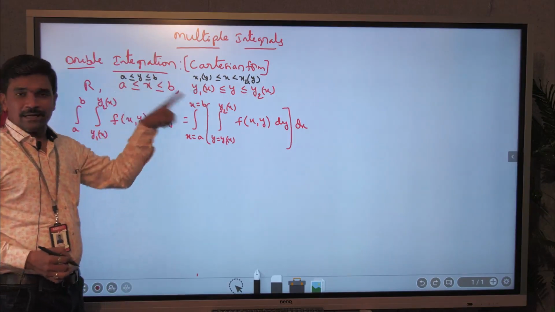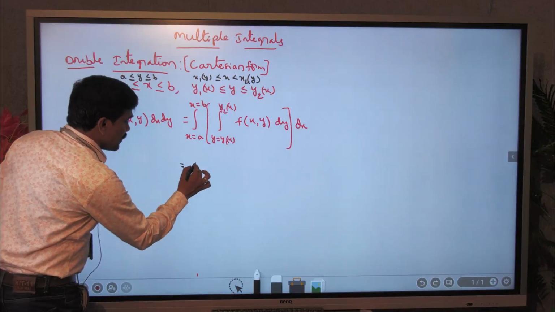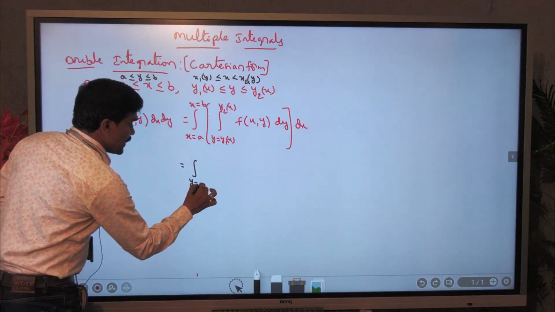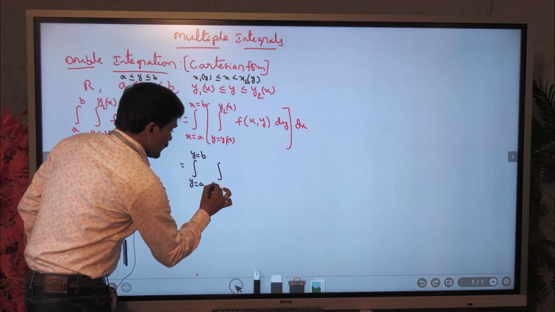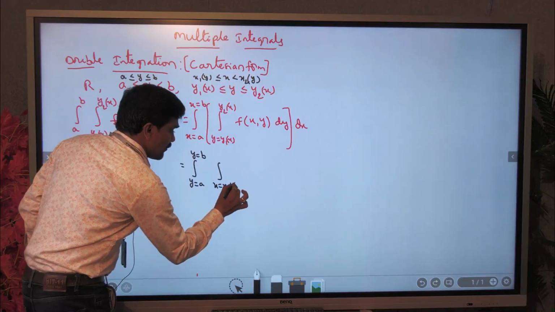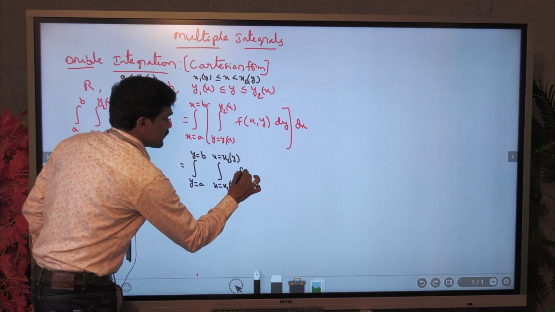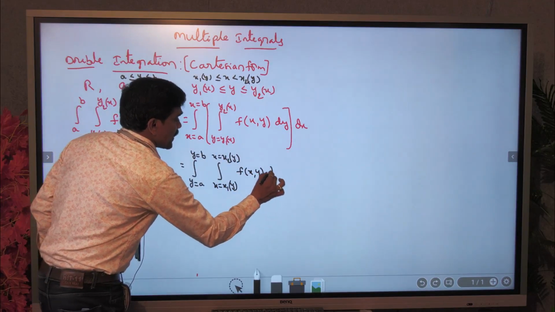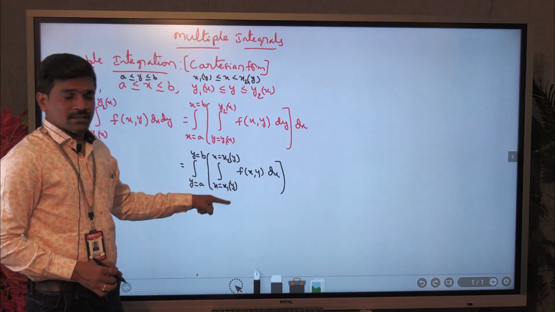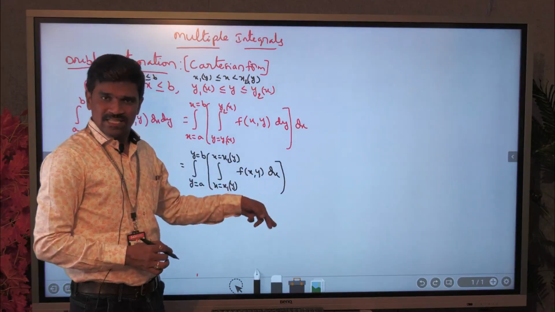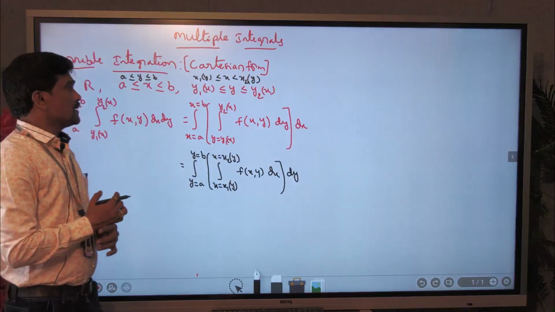Then the double integral can be written with y from a to b and x from x1 of y to x2 of y, of the function f of x comma y dx. Here x1 and x2 are functions of y. That's why we integrate with respect to x first, then with respect to y. This is the process.